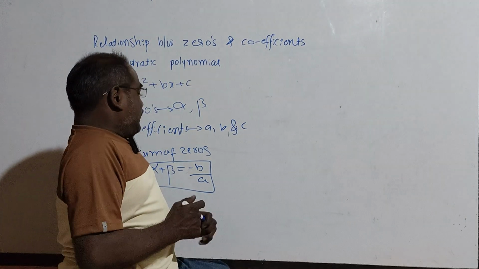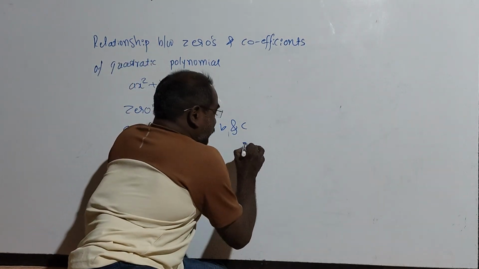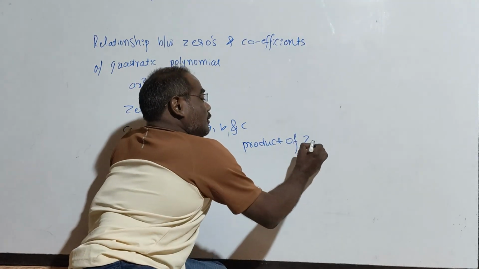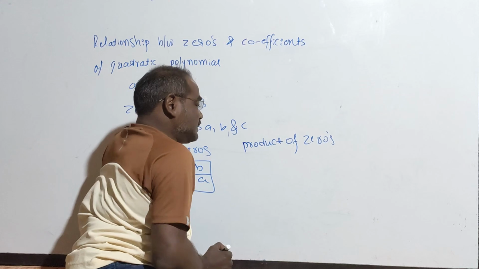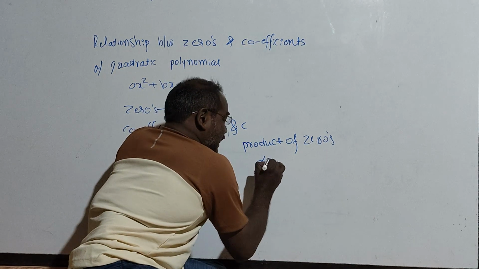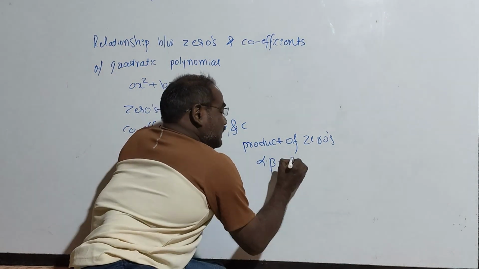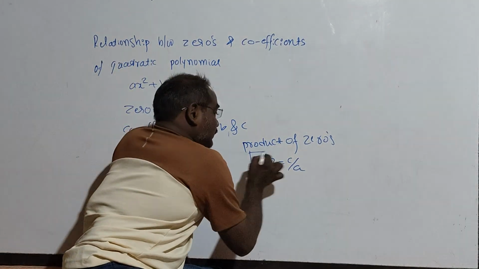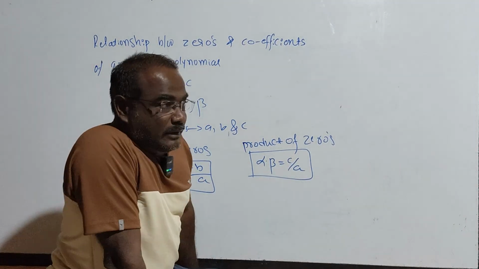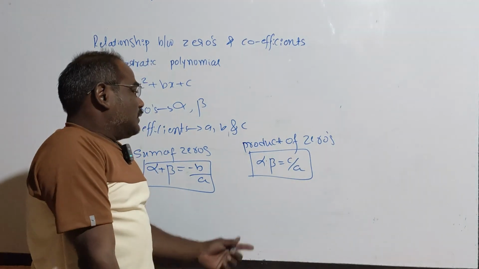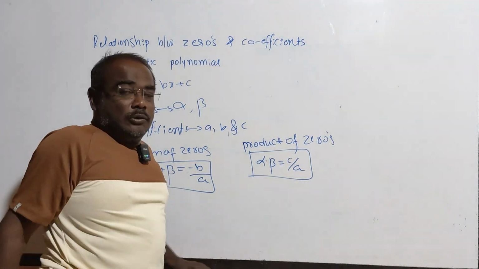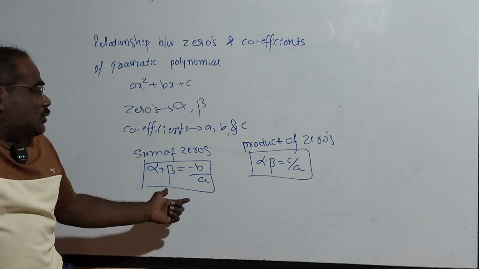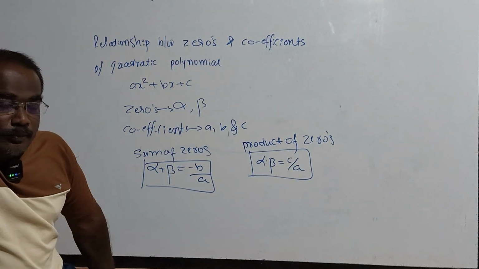One more relation is there, that is product of zeros. Product of zeros, it is alpha into beta is always equal to c divided by a. These are the two important relationship between coefficients and the zeros of a quadratic polynomial.